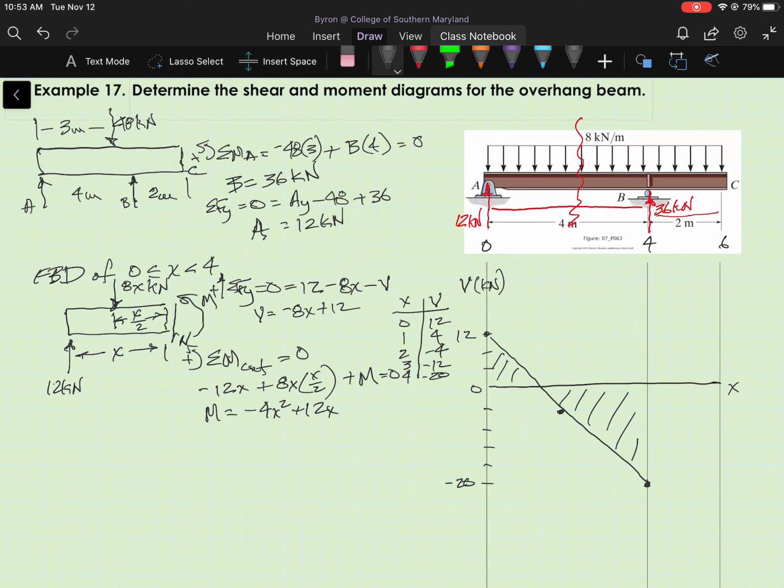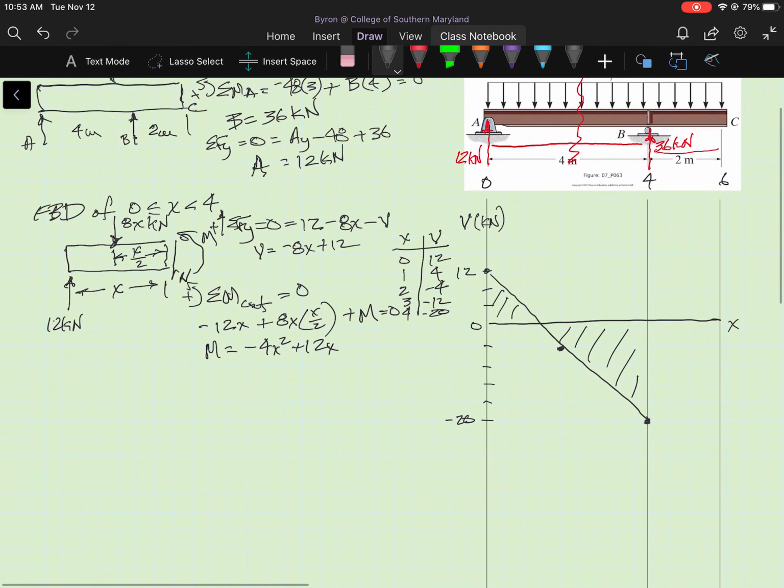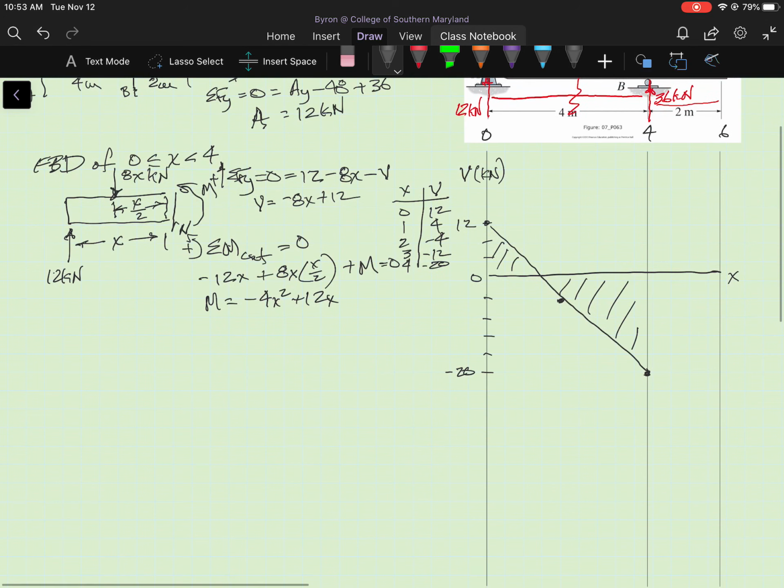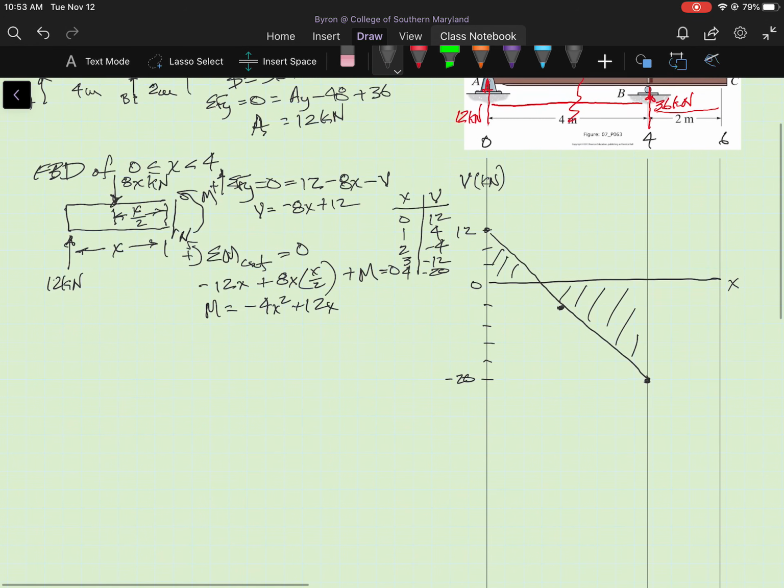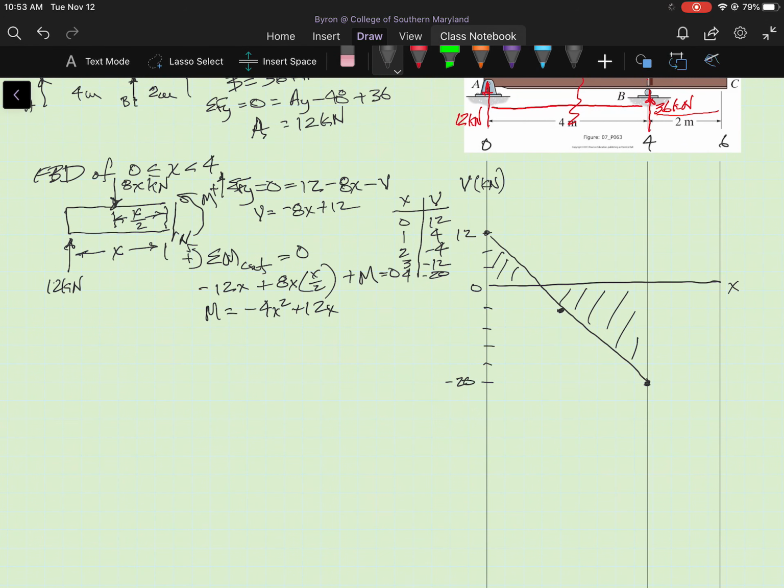Now let me move the workspace up a little bit. Let's do a point table for that moment equation, plug in some values of x and calculate the value of M so we can see what the curve looks like.